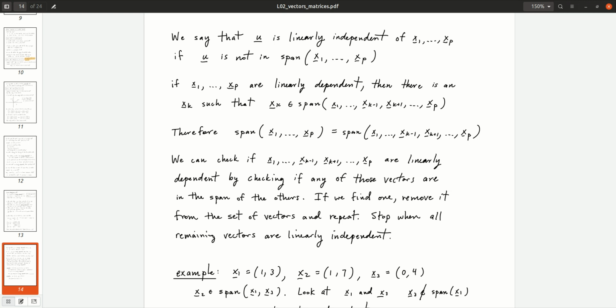Now, one of our heuristic definitions of linearly independent is to say that U is linearly independent of x1 to xp if U is not in the span of x1 to xp. The other way of saying that is that U is linearly dependent on x1 to xp if U is in the span of x1 to xp.